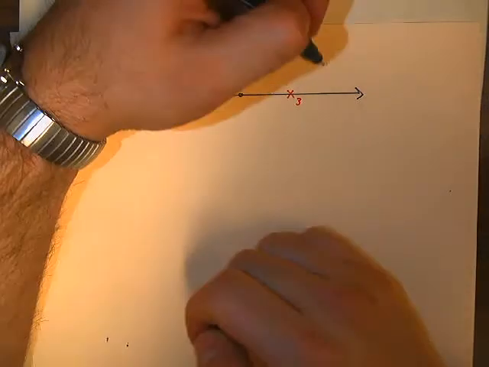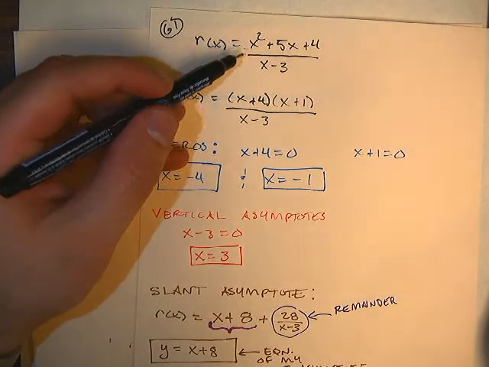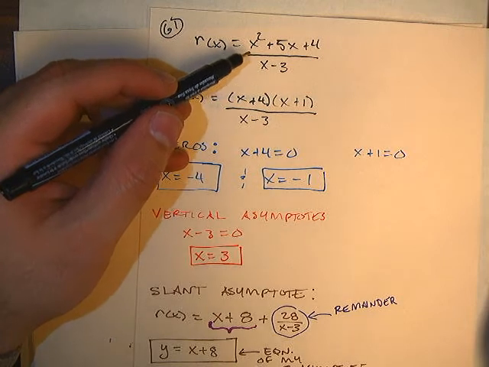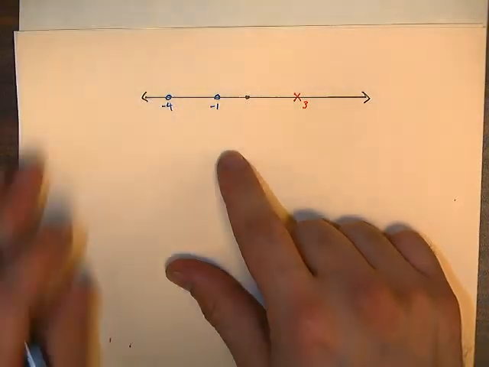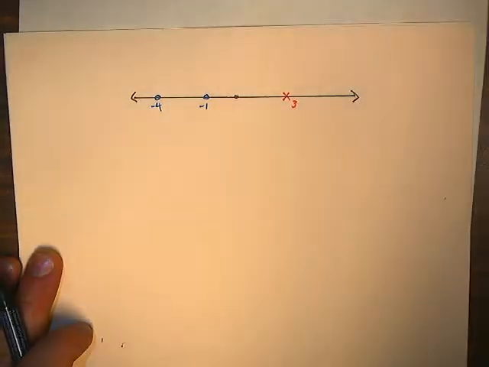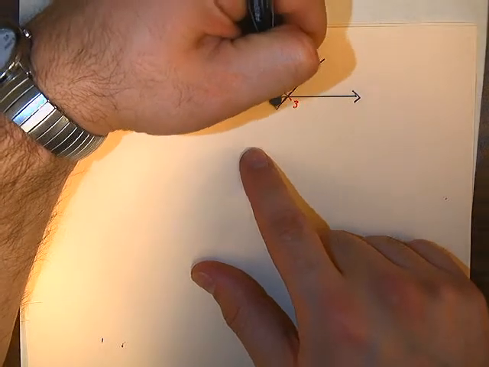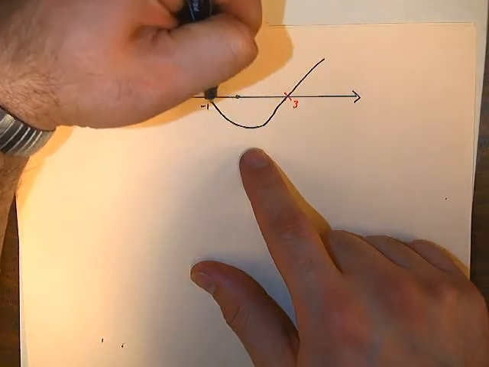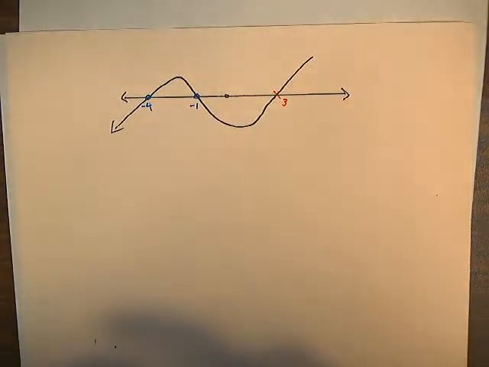So here we go. I'm going to start off on the top right-hand side because I have a positive leading coefficient in the numerator and a positive leading coefficient in the denominator, which means that I start on the top right-hand side. I cross through that point of interest, and then end on a down note right there.